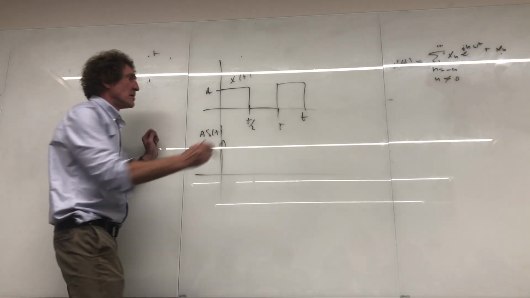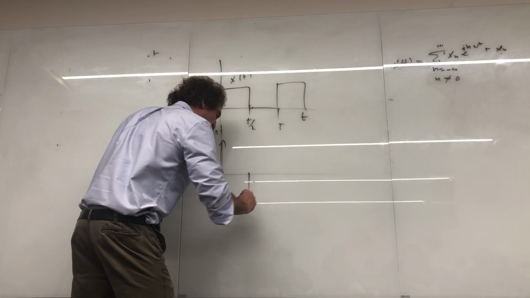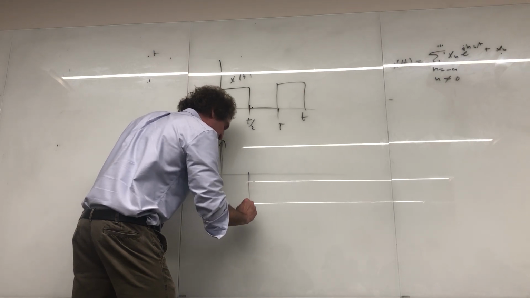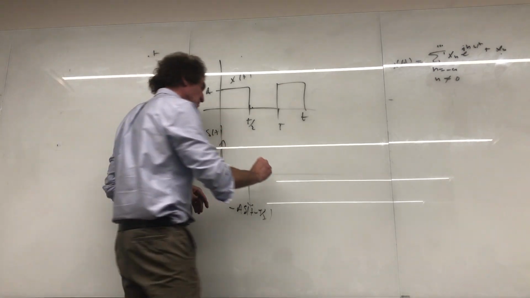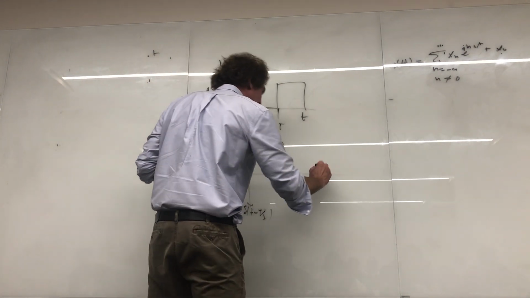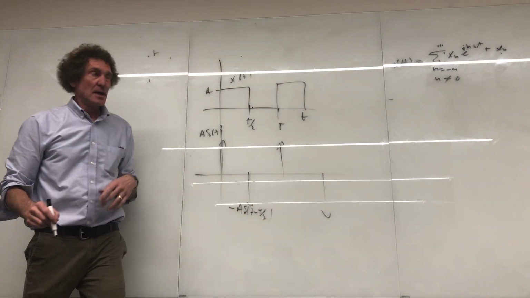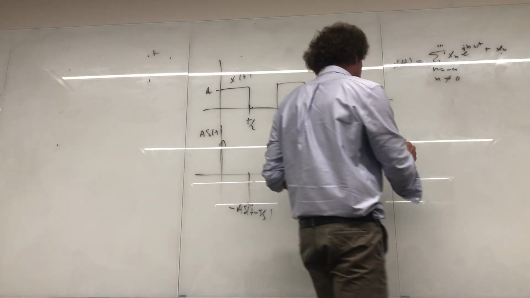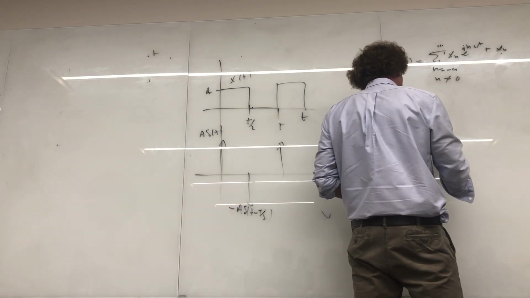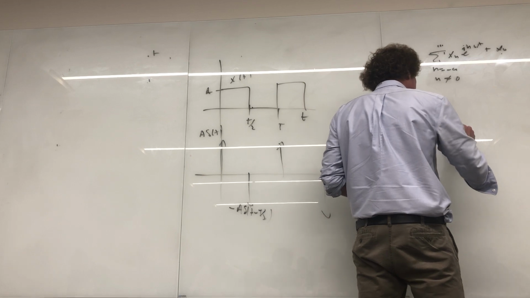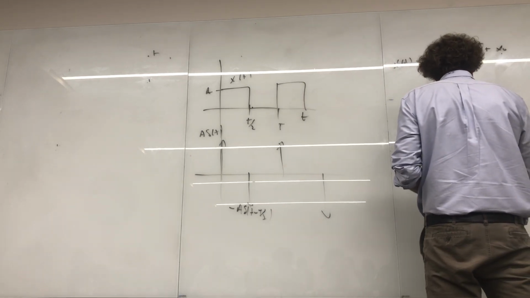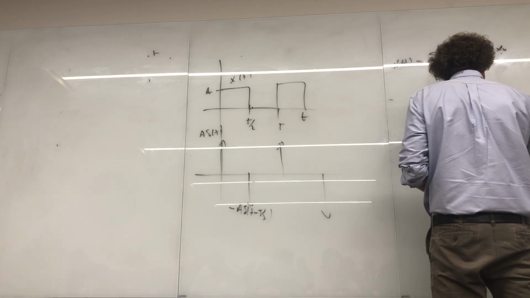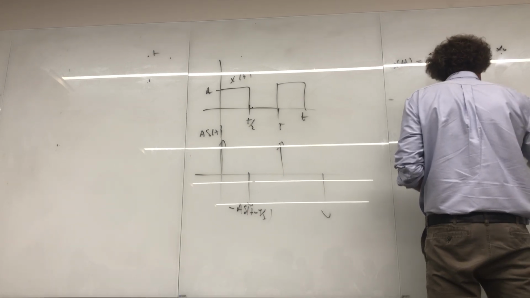What about here? Minus a, delta of t minus t over 2, correct? What about here? Goes back up, right? Back down. Does everybody see that? That is my x prime of t, is equal to the summation here of j n omega naught times x of n times e to the j n omega naught t.